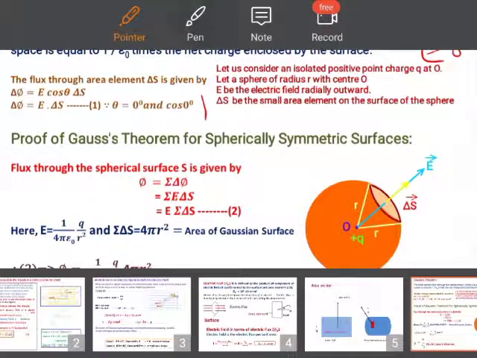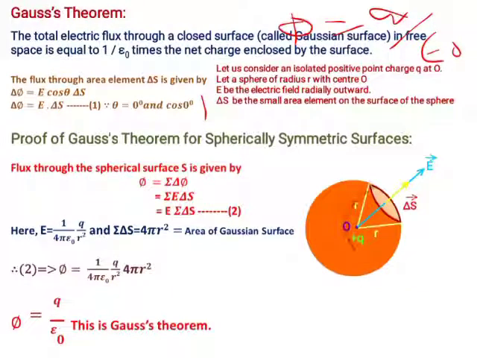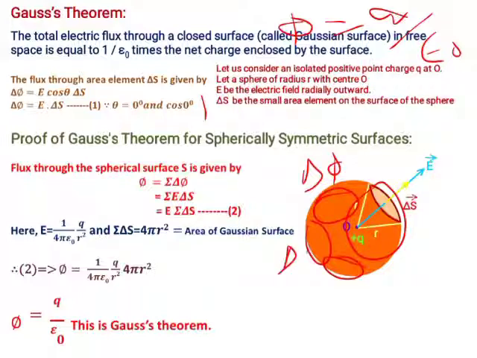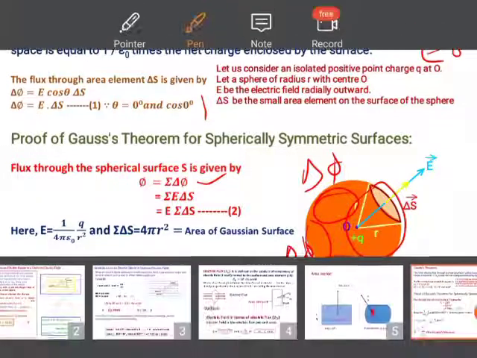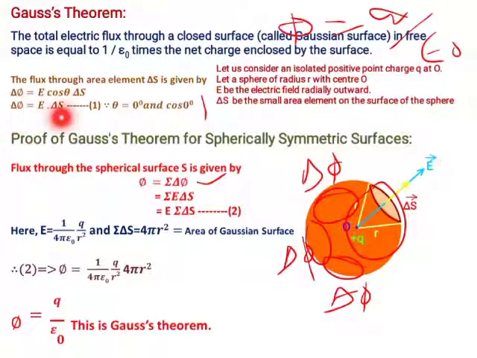Because delta phi is restricted only to this surface. Suppose I consider one more surface here, one more here, one more here, is it not delta phi at this point? So we have to add all these delta phi's. That is the reason for the summation of delta phi. But what is delta phi? Delta phi is equal to E into delta s. So summation of E into delta s.